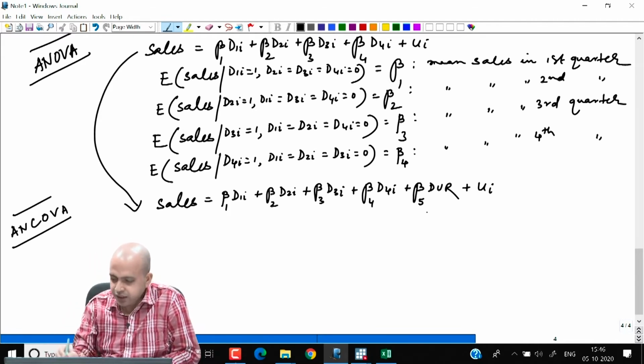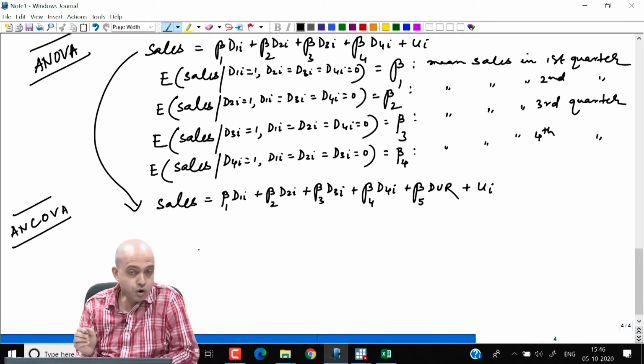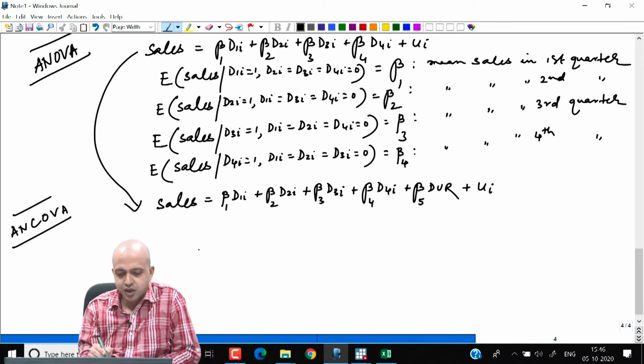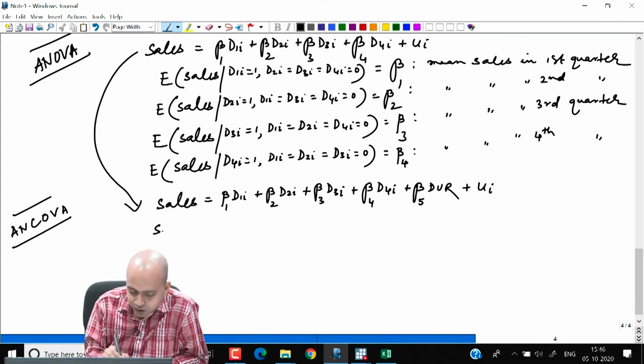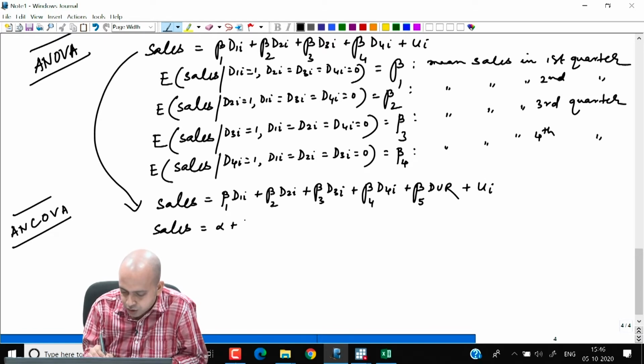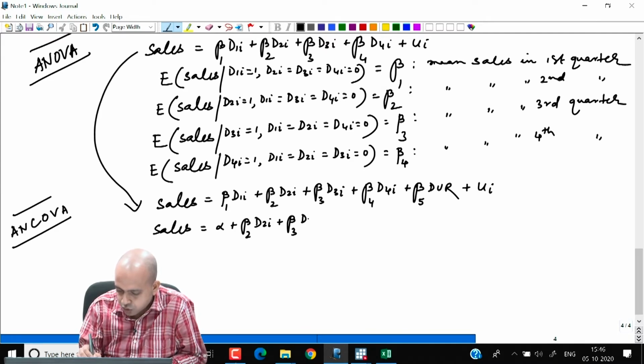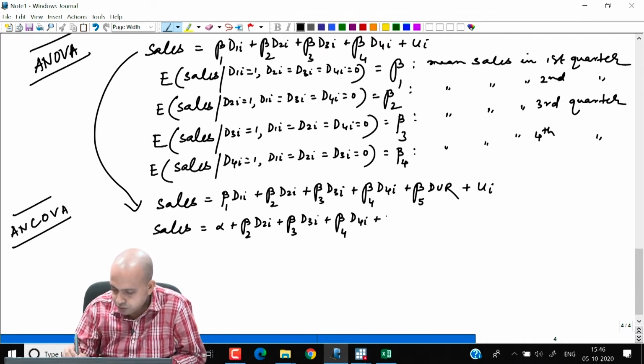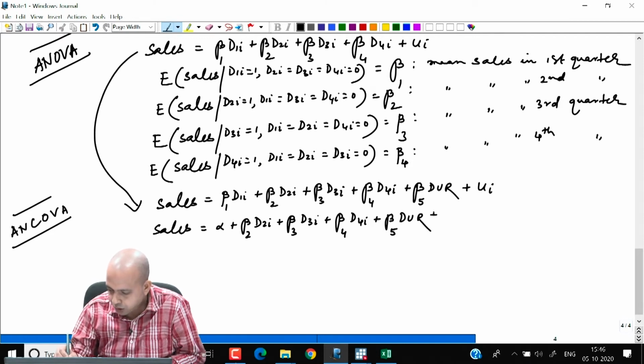You can set either this type of model, 4 dummies, or if your objective is to consider one category as base and include dummy, then you can introduce this type of model also: alpha plus beta 2 D2I plus beta 3 D3I plus beta 4 D4I plus beta 5 durables plus UI.